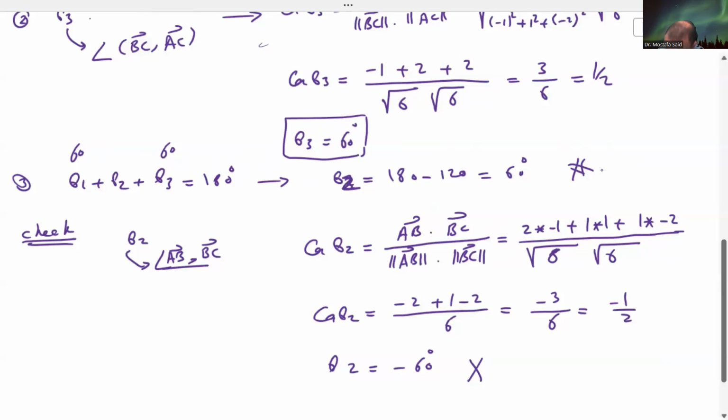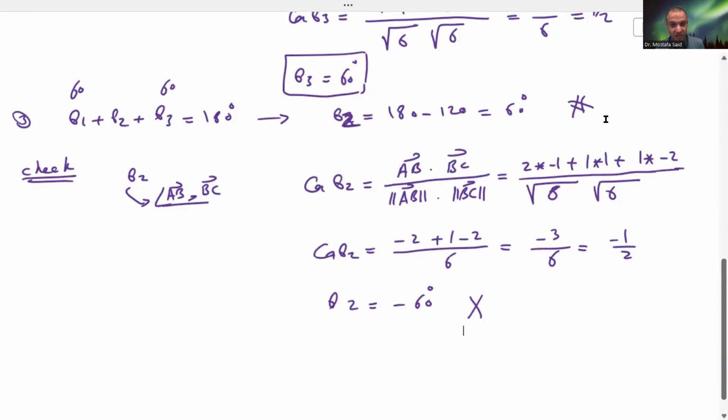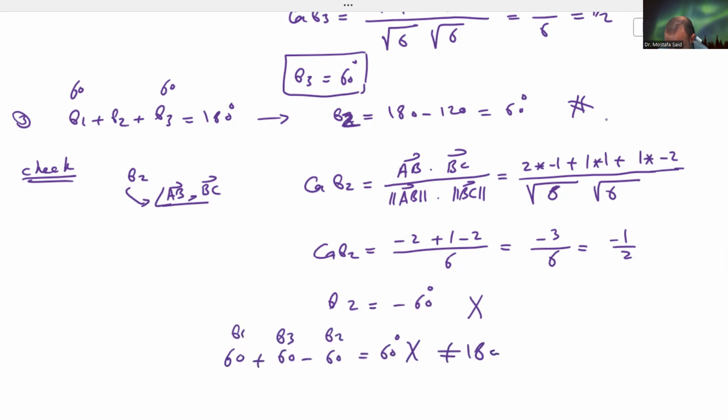Because now if we apply what we know, that the addition of all the angles in the triangle should be equal to 180, it will not be the case. Theta 1 is 60, theta 3 is 60, and now theta 2 is minus 60. That's wrong. That doesn't equal 180 degrees. What is the problem? Why didn't it work like the other ones?